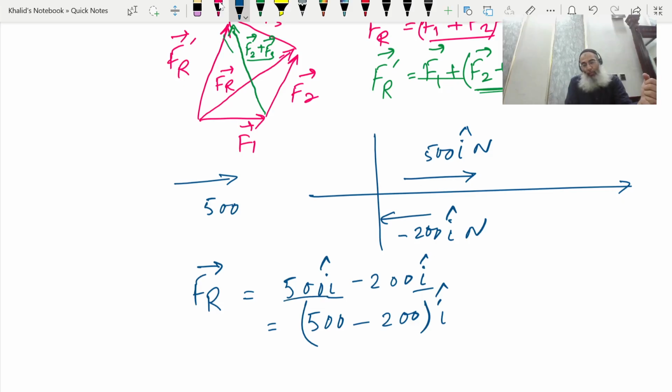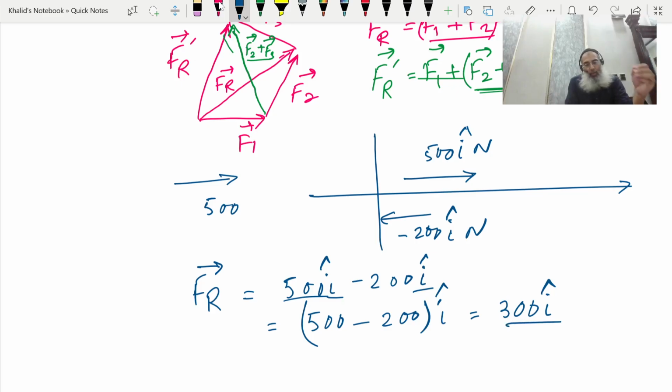A scalar is being multiplied by a vector. So the difference of 500 and 200 multiplied by i cap gives 300 i cap. So this is the result.